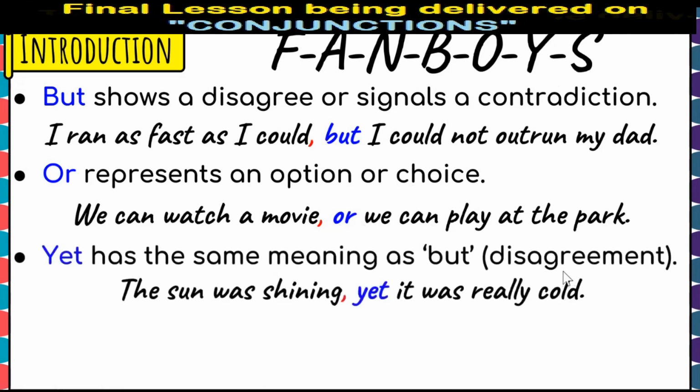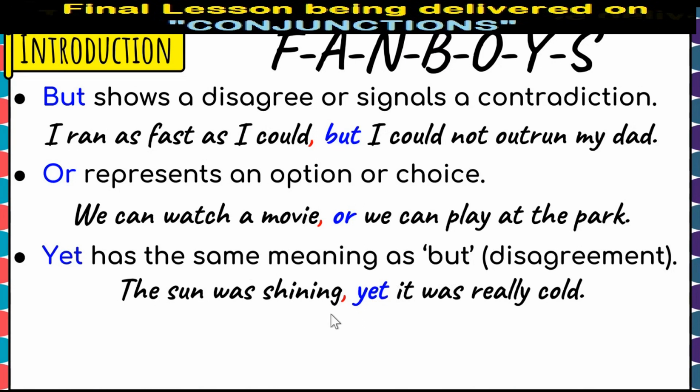Yet. Now, yet has the same meaning as but. Disagreement. Why did I write it as disagreement? When I'm using but, I'm showing some disagreement, right? In this sentence. So then what about yet? What do you think? Why does it have the same meaning as but? Okay, good answer.